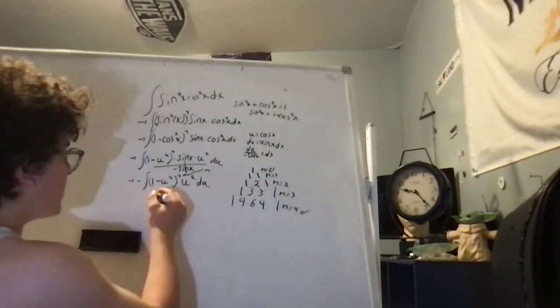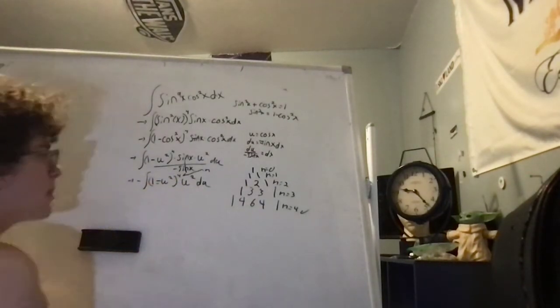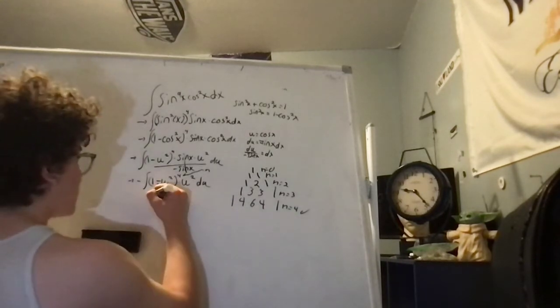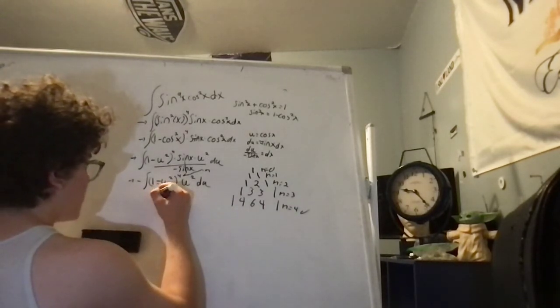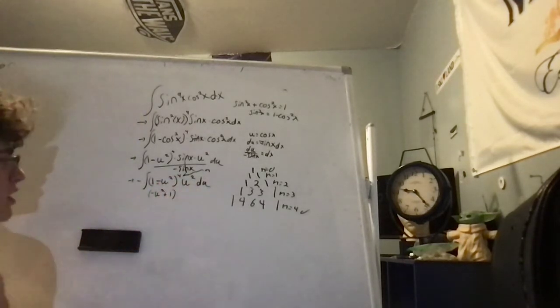Now to implement that using this, because we have this negative, we know it's going to alternate every time. I'm actually going to reverse this and write it as negative u squared plus 1, to make it a little more clear. Doesn't change it.